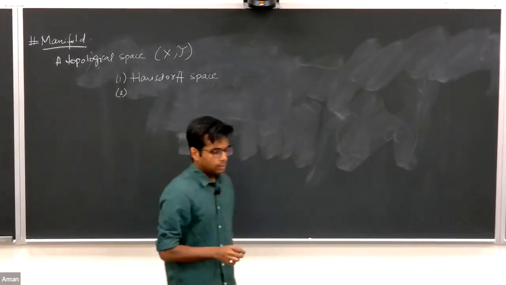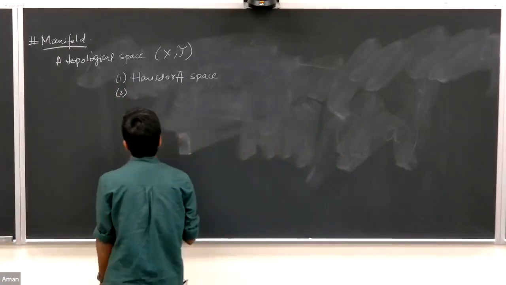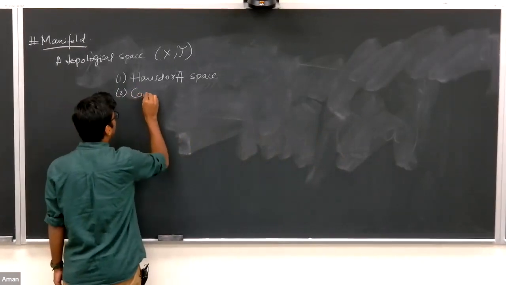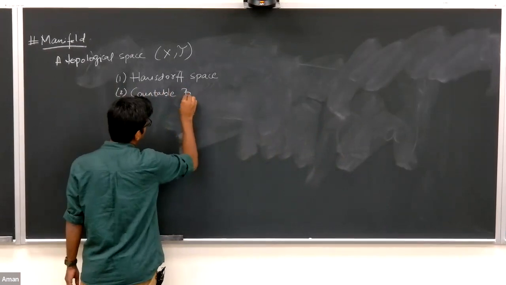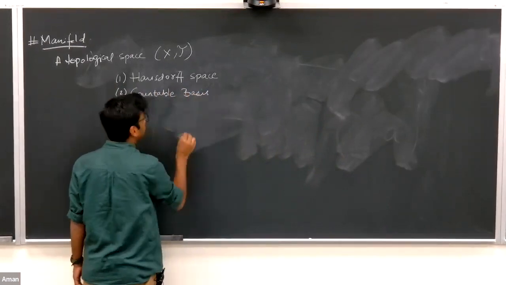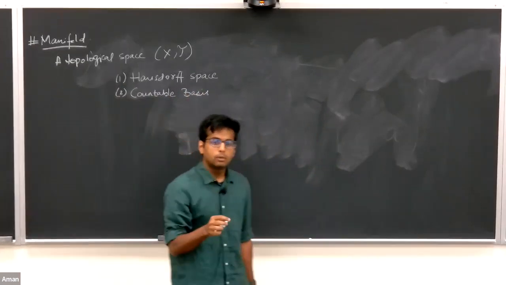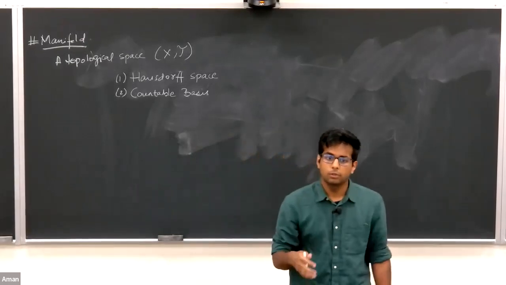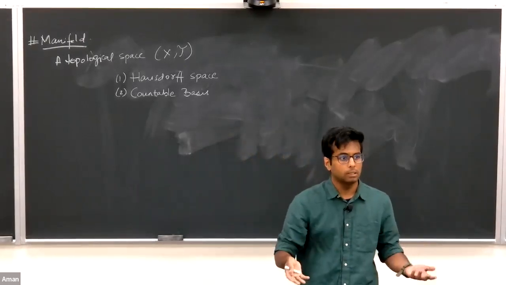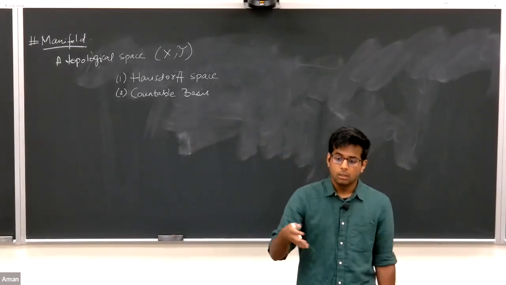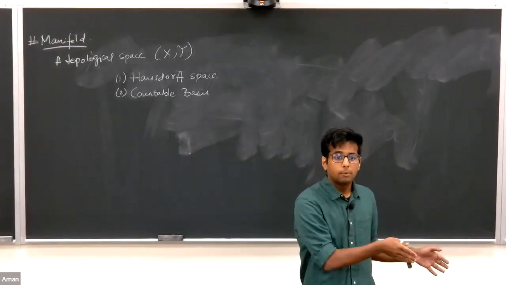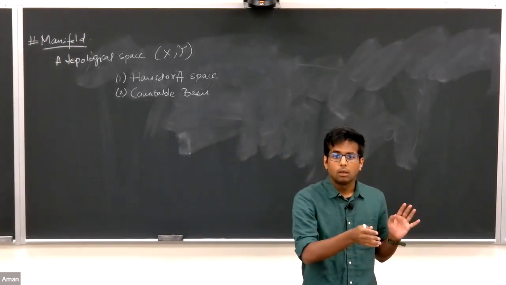The second property is that it should have a countable basis. The basis elements of the space should be countably infinite. They could still be infinite, but should be countable so that each basis element can be mapped to an integer and so on.